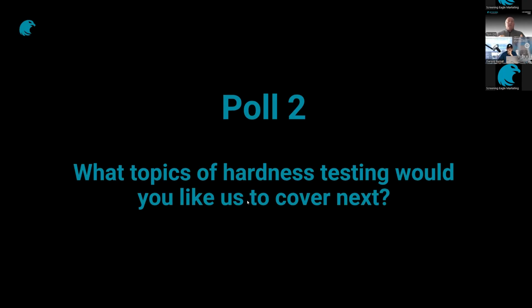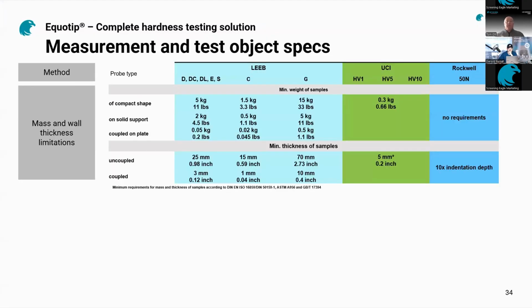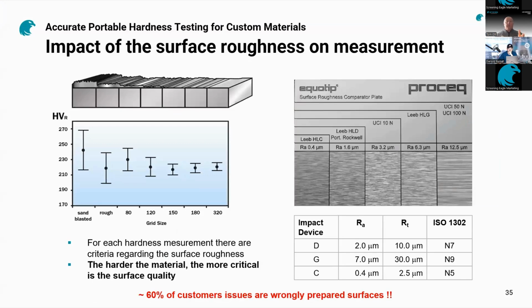So the user out there who has to do the preparation can very easily place this comparative plate. Actually, I have a separate slide for this one, just in case someone asks. You can see there for each different probe, in the case of UCI, the different test forces, we have the different roughnesses, and that gives the user a nice, easy comparison right there on the job site.